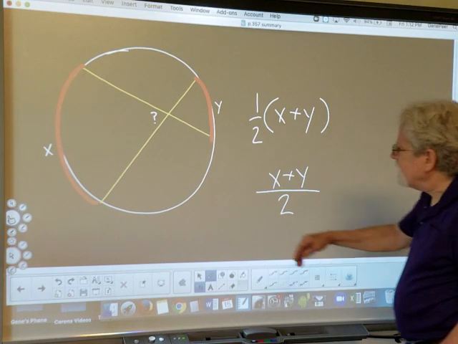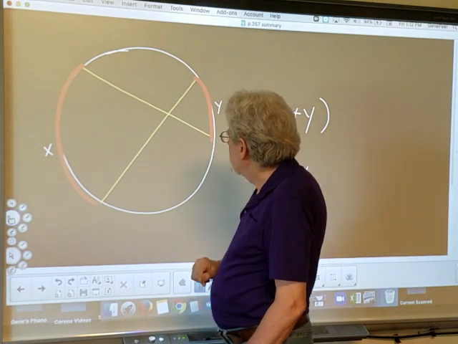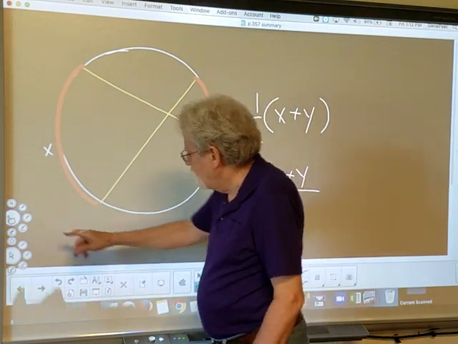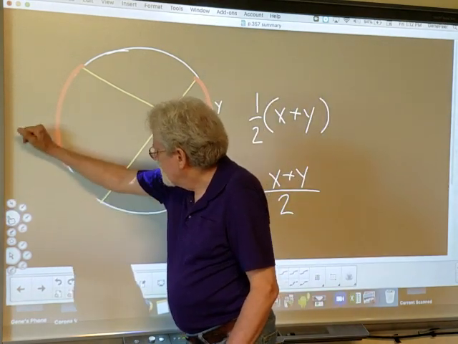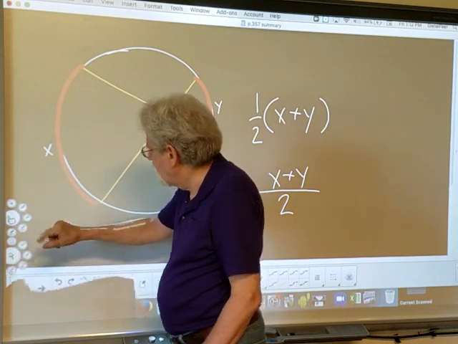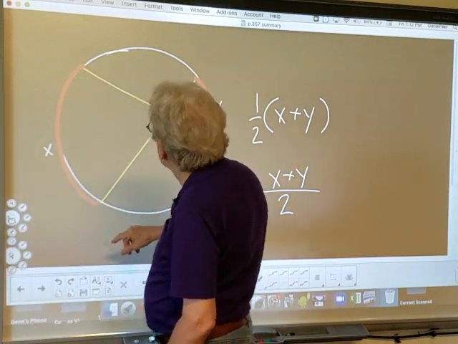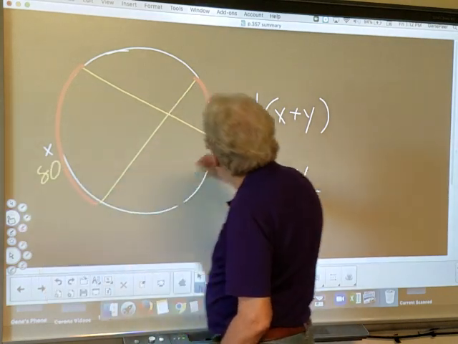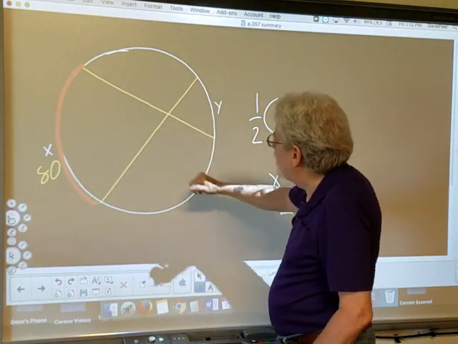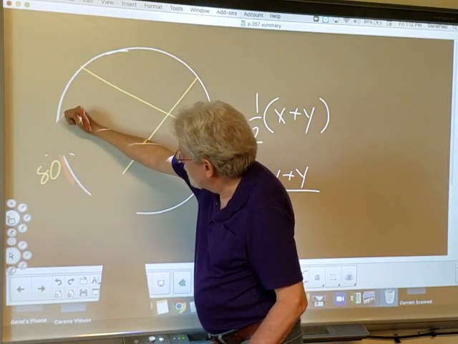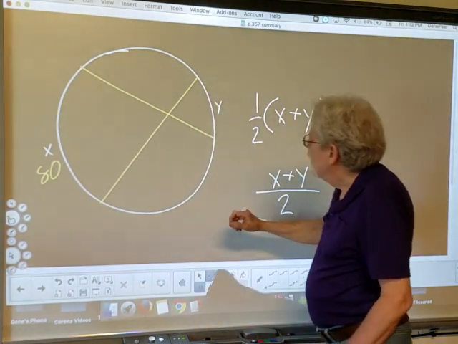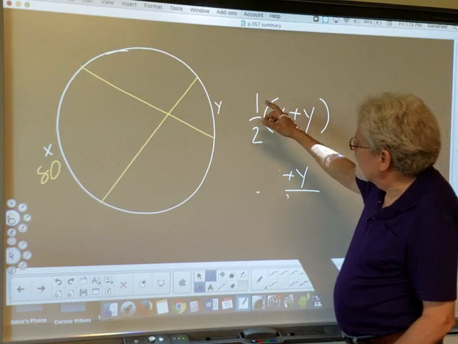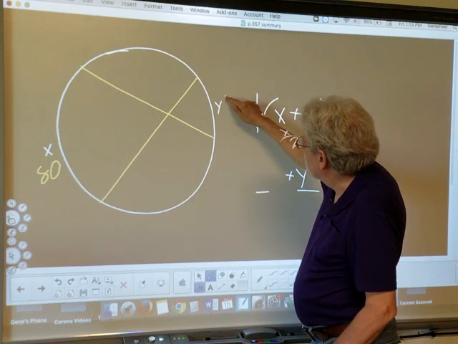So, a quick example or two here. Suppose I were to tell you that x has a measure of, what's realistic here? We'll say x has a measure of 80. And perhaps y has a measure of about 30.